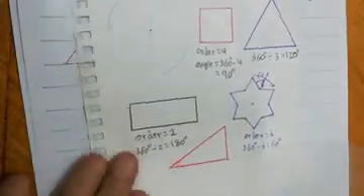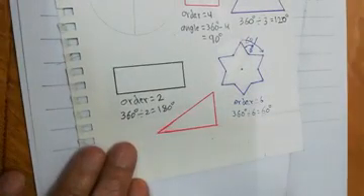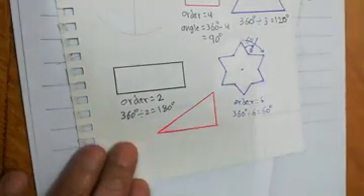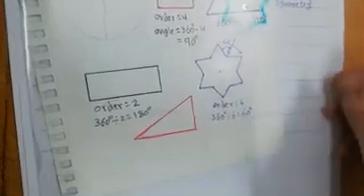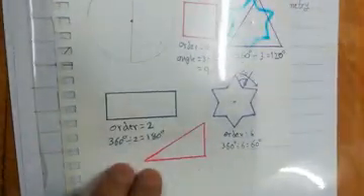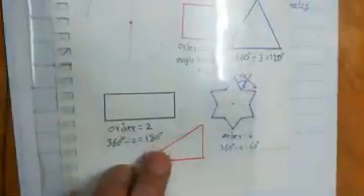Okay, what about the last shape, which is this triangle? I think if you copy this shape, I will copy it.